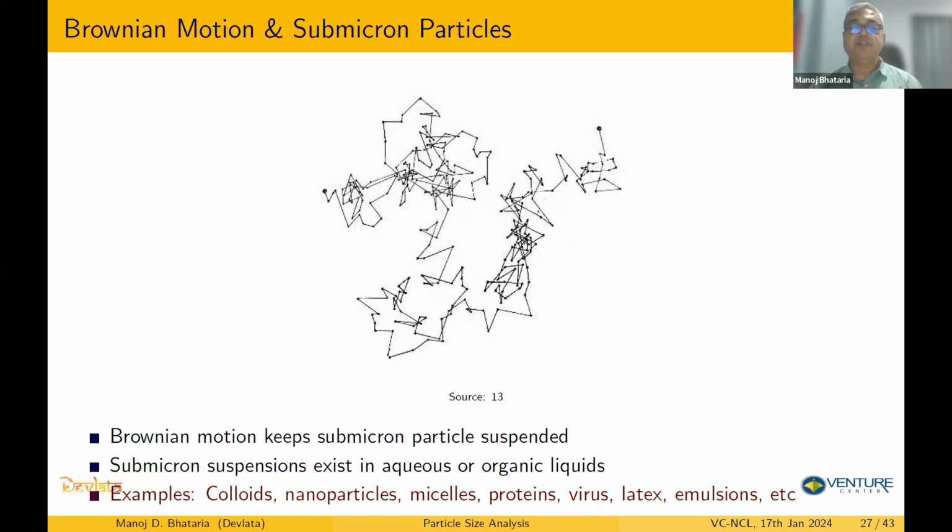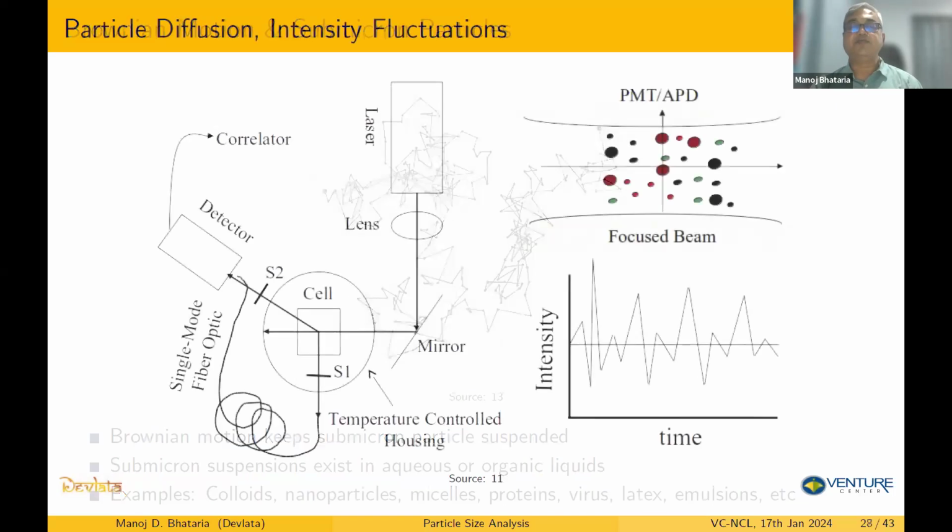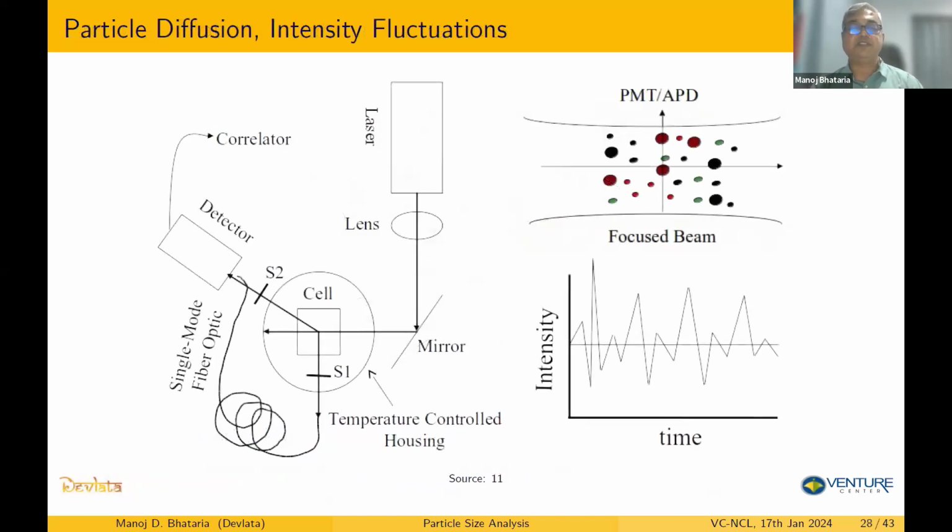Now, let's say this sample is put inside a cell. This is a top view of a typical instrument. You have the cell, which is a square cuvette, and in the cuvette, you have the sample. You have the laser, and sometimes you can have a 45-degree mirror, or you can have a straight line as well. The light is incident onto the cell.